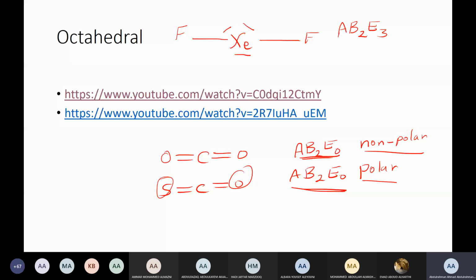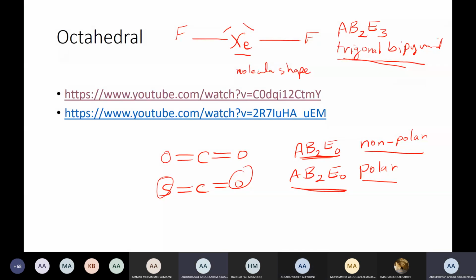Next, what's the electron domain shape? Straight. Electron domain shape, no, wrong. Trigonal bipyramid. Yes, trigonal bipyramid. This is the electron domain shape. Now, what is the molecular shape?